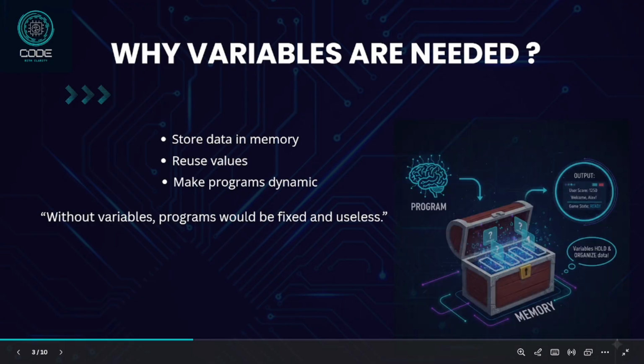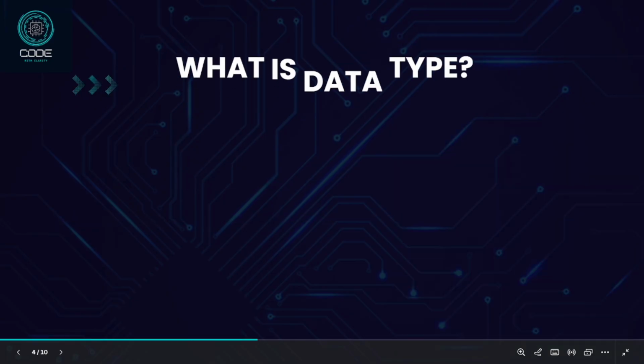We can reinitialize the value of that variable, and here is an important tip to remember: without variables, programs would be fixed and useless. Let's go to the data type.